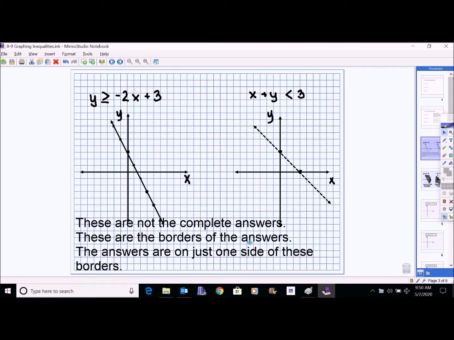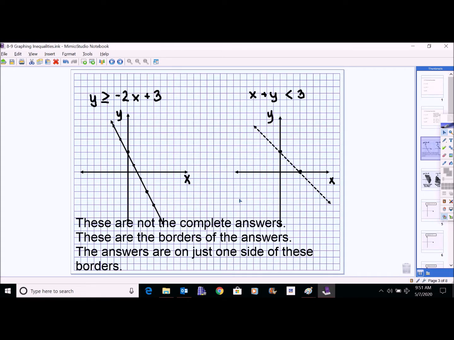Now, in a little while, we're going to be actually making these lines, but I want to make a point first: when you're graphing an inequality, the first thing that you look for is the border. Notice that the border looks very different from this one and this one. On here, the border is a solid line, and here the border is a dashed line.